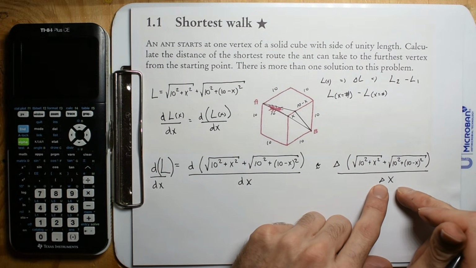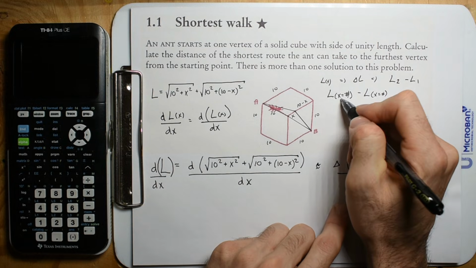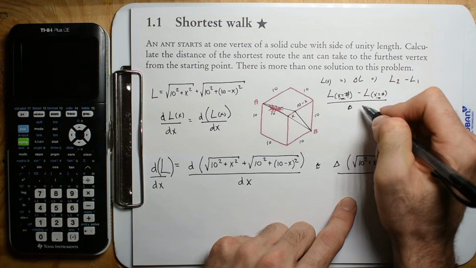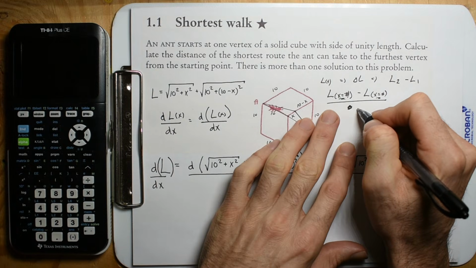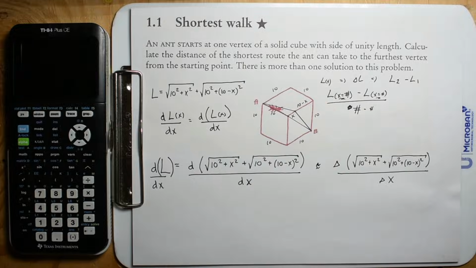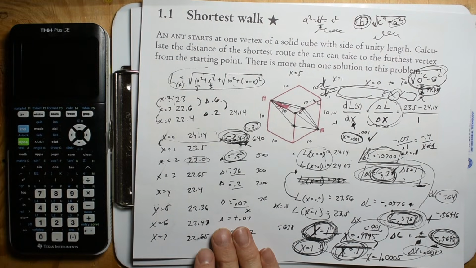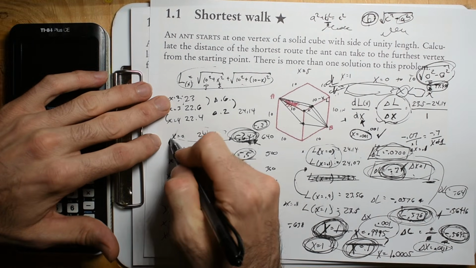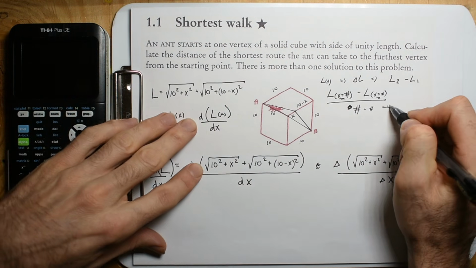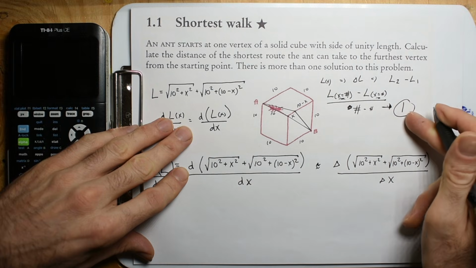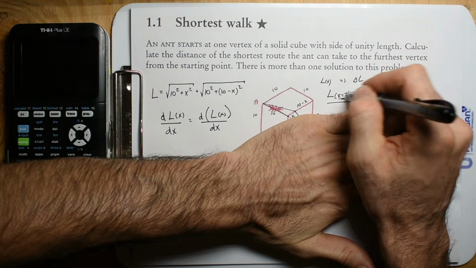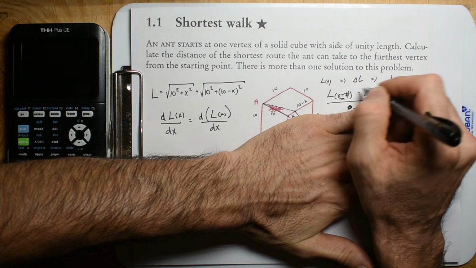And then we have the change in x. If we chose a value of x here and a value of x here, we divide by that change in x, which is the bigger value of x minus the smaller value of x. That's why it was useful to have a change in x of 1. That's the easiest, because that part of the derivative just becomes 1, and you're basically just wanting to know the change in length between two given values.